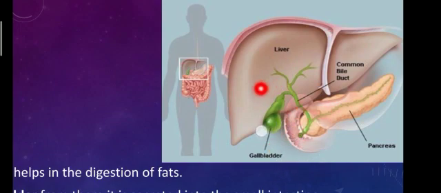As we know, bile is produced by the liver, so it doesn't get stored in the liver. Rather, bile is produced by the liver and then it moves to the gallbladder where it gets stored. And then from there it is released to the small intestine.